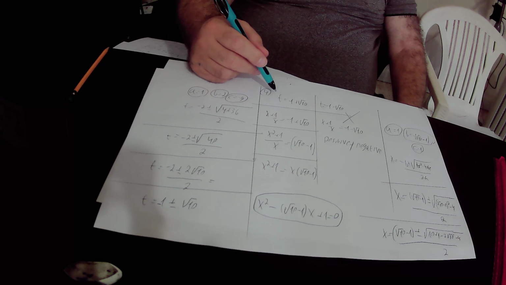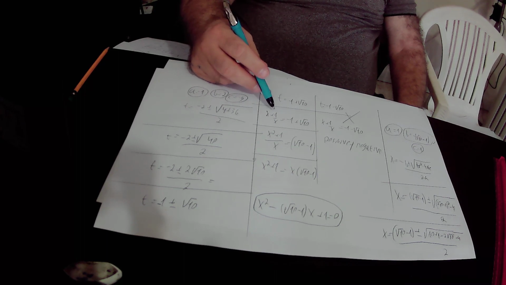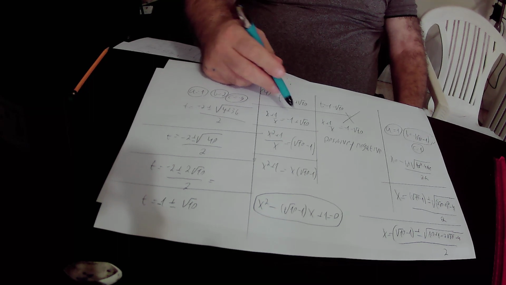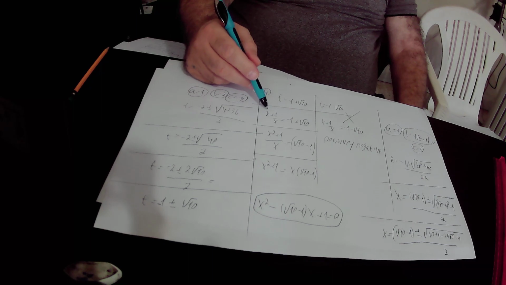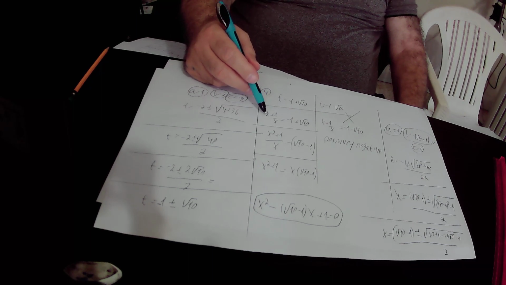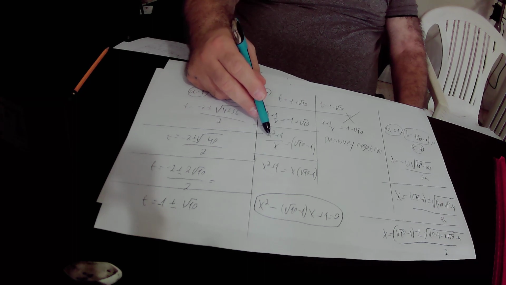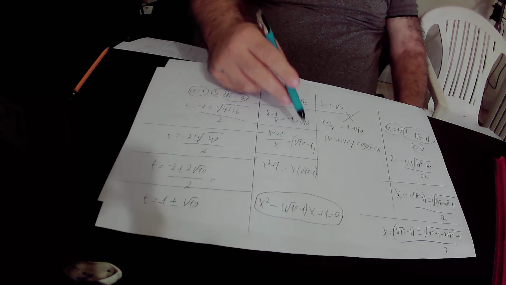We know that t equals x plus 1 over x according to our definition, so x plus 1 over x equals minus 1 plus square root of 10. Here we multiplied x by x and then we divided by x, and we got that x squared plus 1 over x equals square root of 10 minus 1.